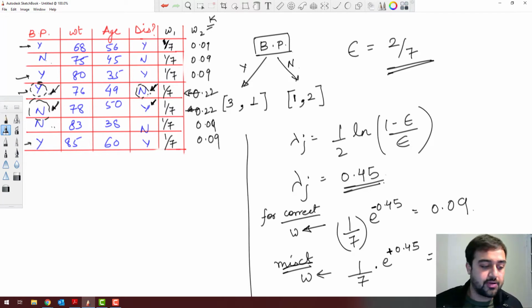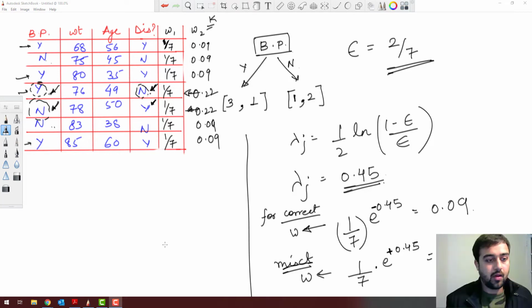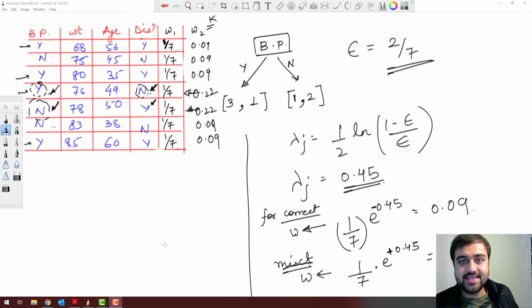Now if you proceed on doing it again and again and again, you will see these will keep on reducing till the misclassified samples are correctly classified. Now this just has to be repeated k number of times because we need k stubs in our random forest.